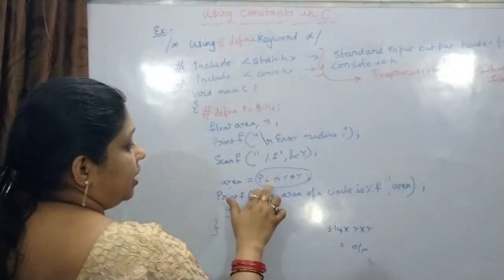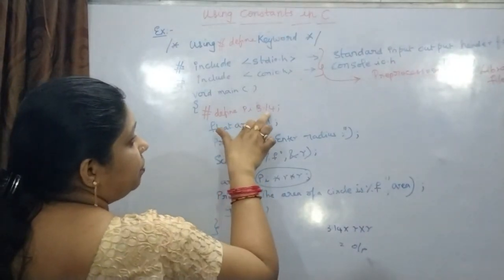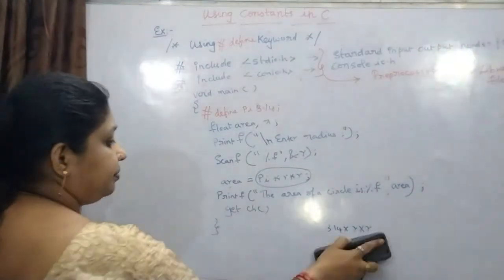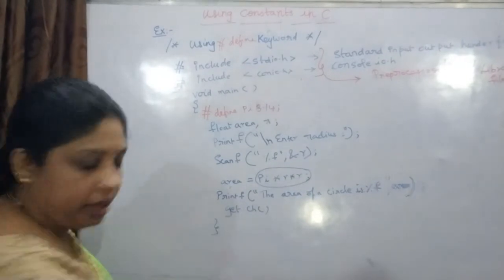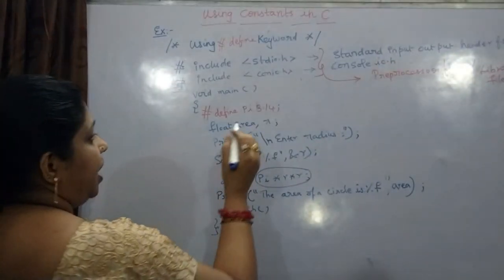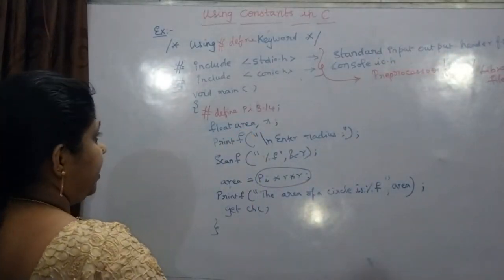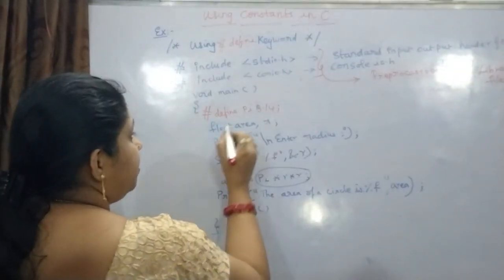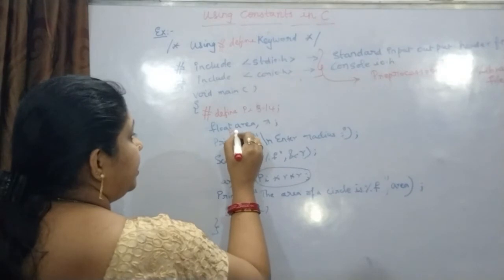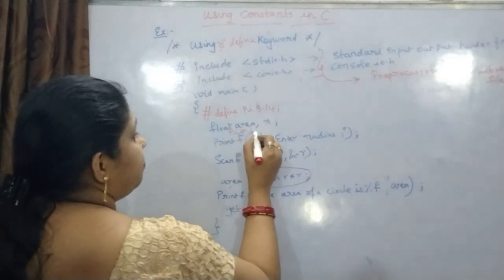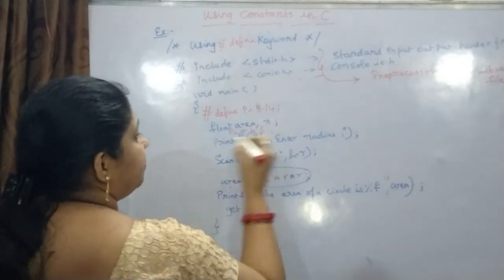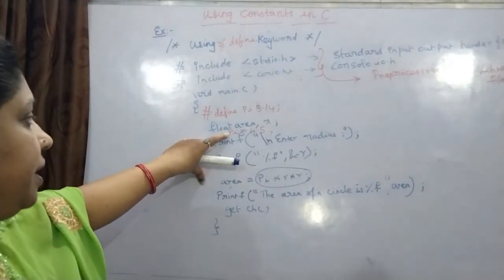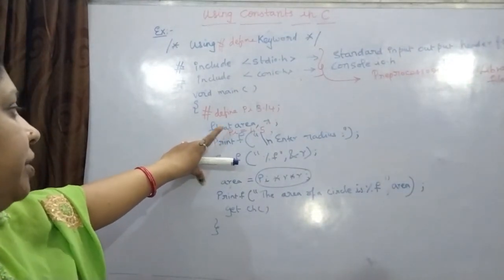Now suppose, you just concentrate on this program. See, pi, here I give 3.14. Suppose in the middle of the program, if I declare pi again, or take the pi value here and say 4.5, if I assign a value to pi here, what happens to the program?